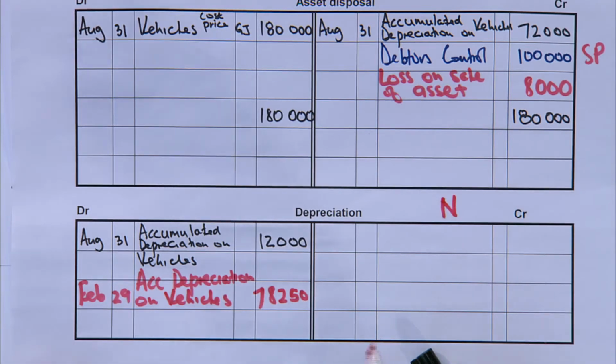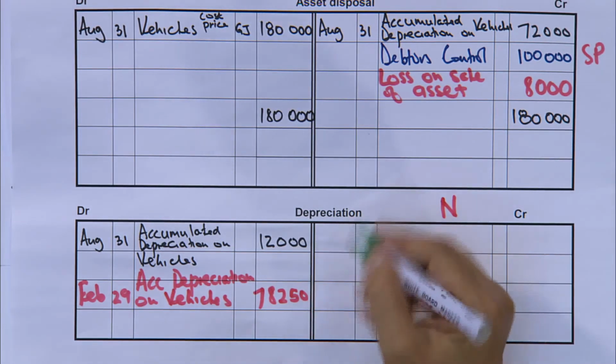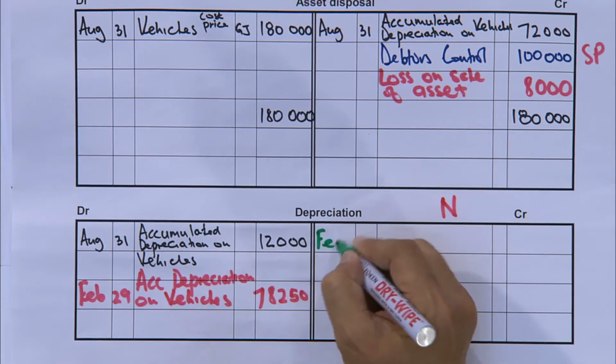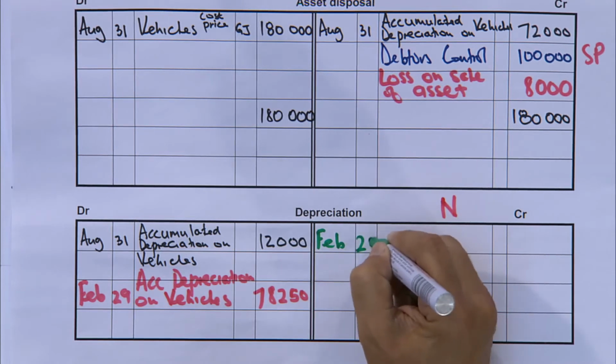Okay, depreciation is a nominal account. So all nominal accounts will close off to profit and loss. So at the end of the financial year, we have to close off the depreciation account. So it's going to be February the 29th.